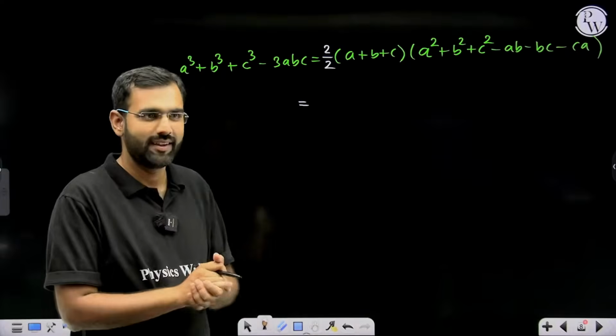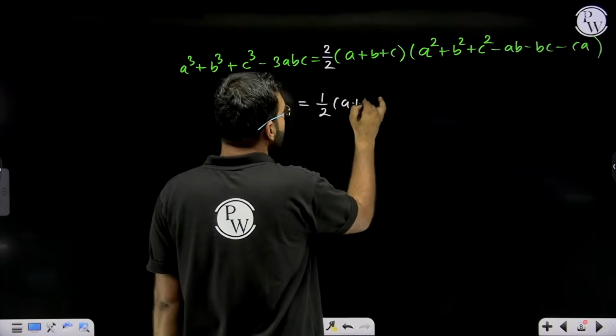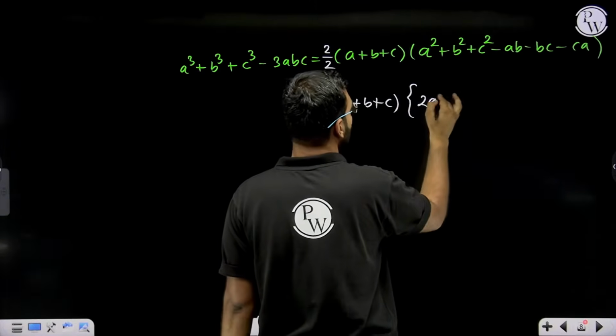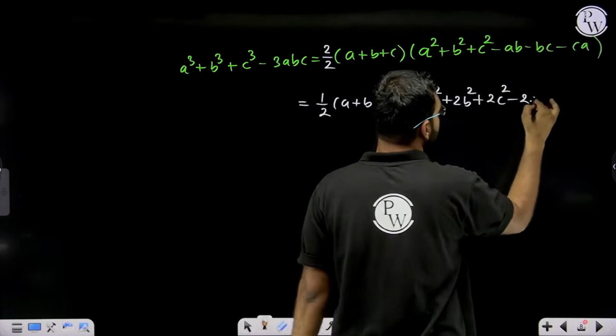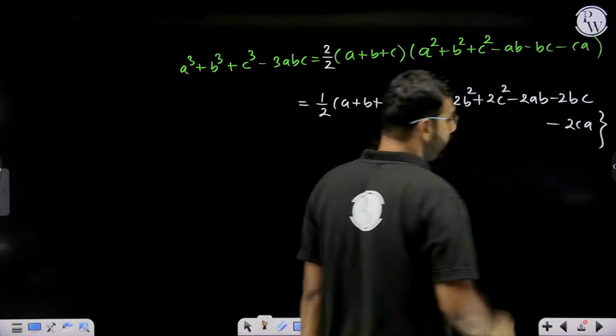We know that. Right. Now, if I get back to this discussion, half of (a plus b plus c), and now when this 2 is pushed inside, it makes it 2a square plus 2b square plus 2c square minus 2ab minus 2bc minus 2ca, right? Now with that, what do we get?